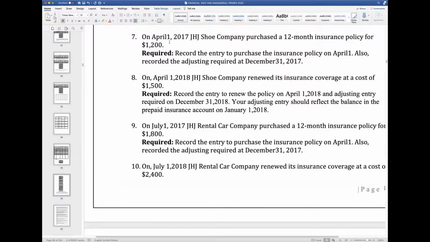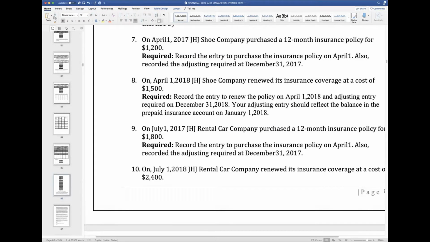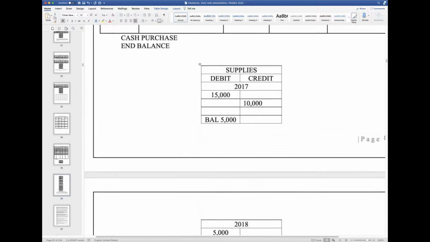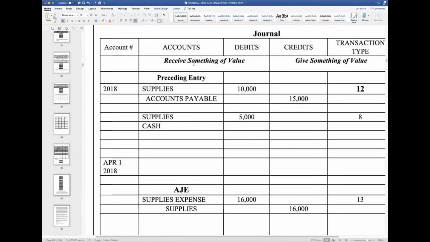So here we have a purchase of an insurance policy for $1,200 for 1 year. On April 1st, we purchased an insurance policy for $1,200 for 1 year. So we'll need to change this to prepaid insurance.